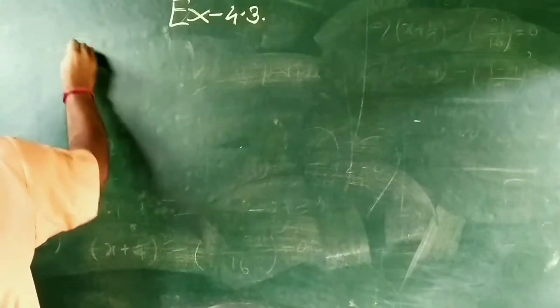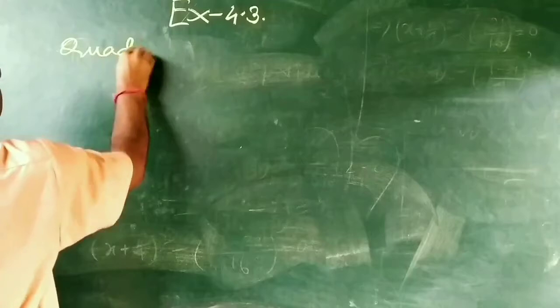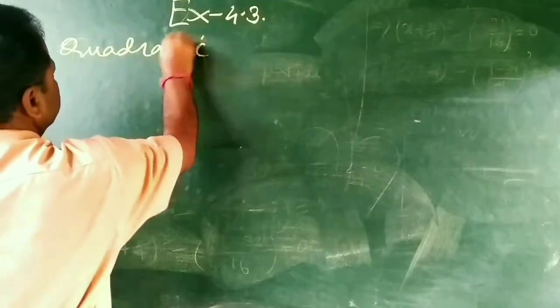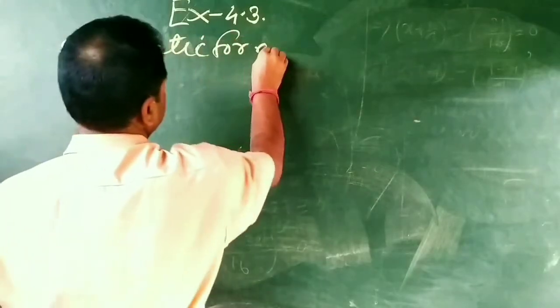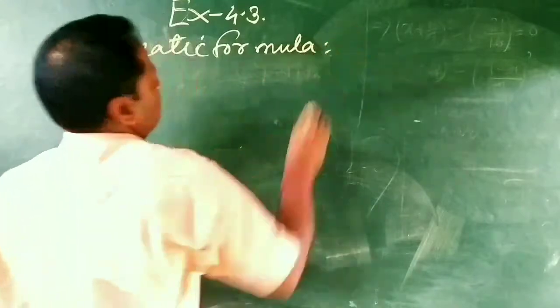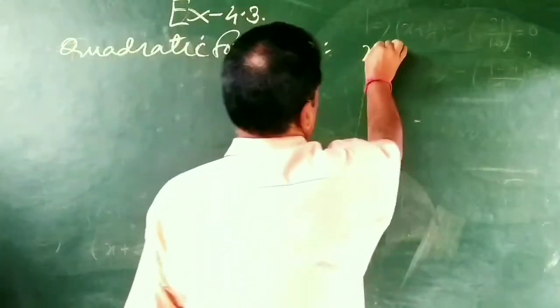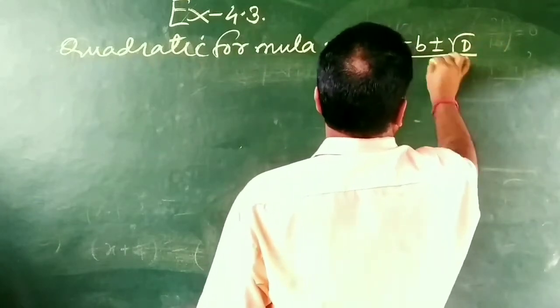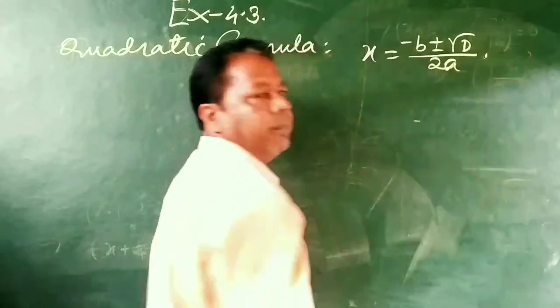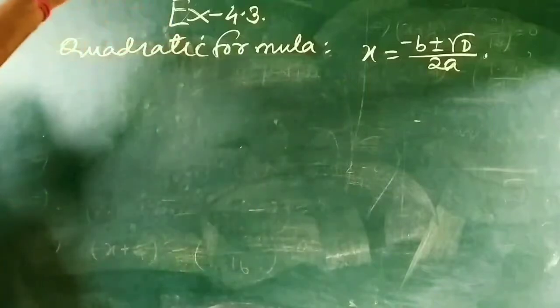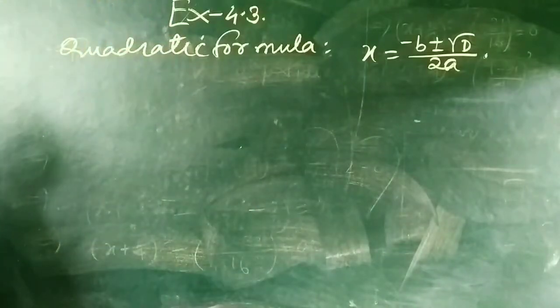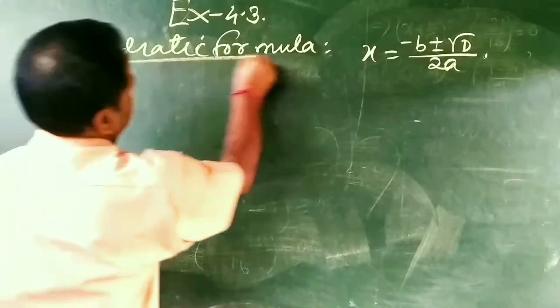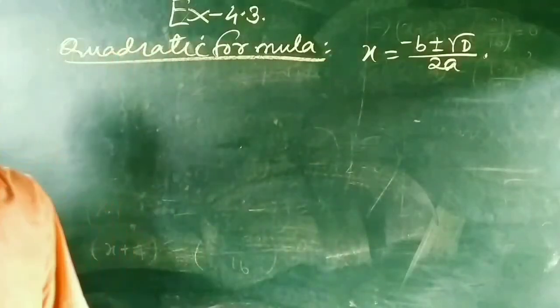The formula says that x is equal to minus b plus minus root d by 2a. This formula is to be memorized: x equal to minus b plus minus root d by 2a. This is called the quadratic formula. This formula is used to find the roots now.